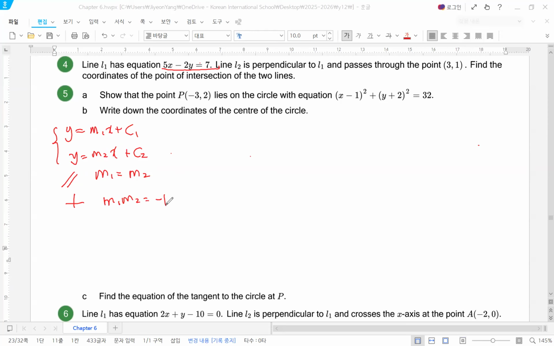Okay, -1. Or if there is a line equation in this way, a1x plus b1y equals c1, and a2x plus b2y equals c2, if they are perpendicular, then we can write down their relation as a1 over a2 equals b1 over b2.